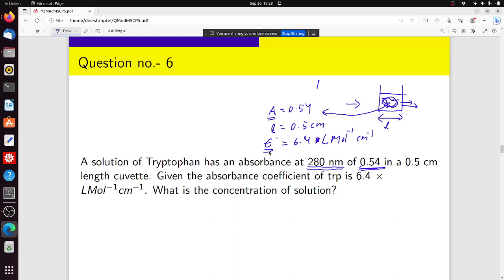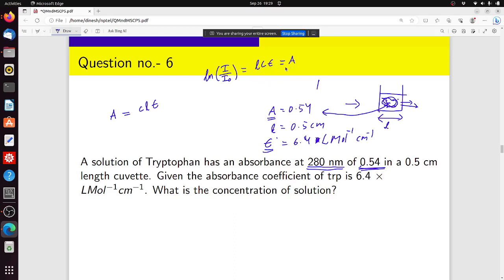From the week number 5 class, you must know the absorbance. It depends on the concentration of the molecule, the length through which the light travels, and this parameter epsilon, which is the absorbance coefficient. Maybe we recall it as logarithm of I over I naught is equal to L C epsilon, which is equal to the absorbance.